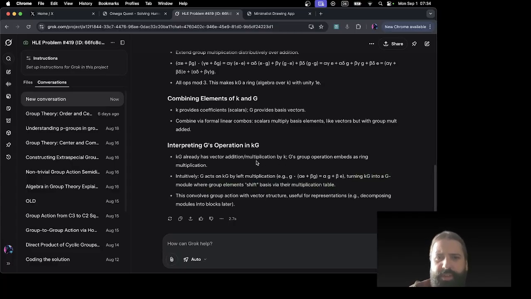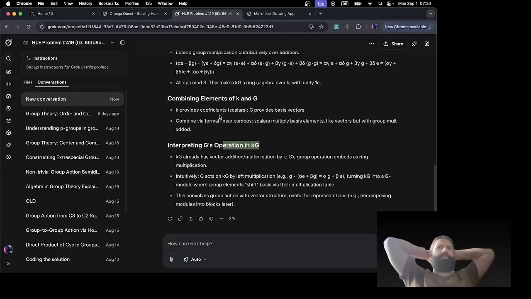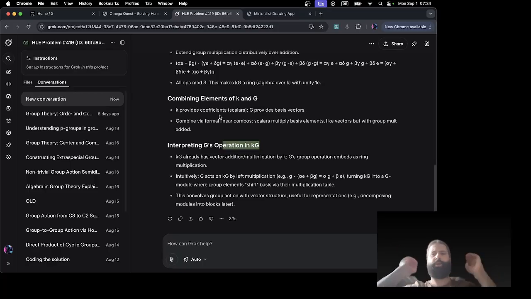Isn't it just that the G operation just defines how these elements, E and G, are behaving, right? They just define. That's a little weird still. But okay.